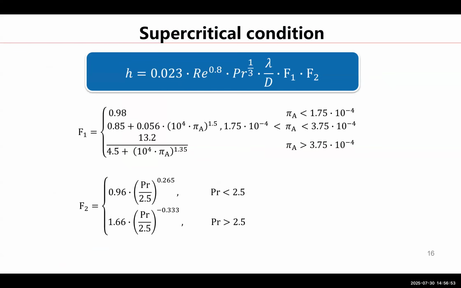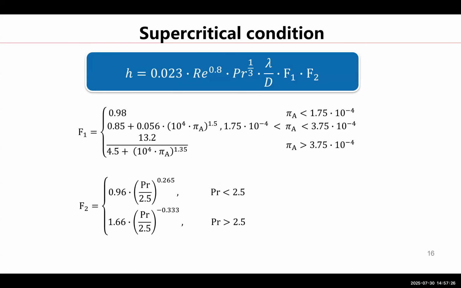We take the following criteria to derive the final structure of the correction factors, I mean, to calculate the heat transfer coefficient in the supercritical condition. Firstly, the correlations should be based on dimensionless numbers so that they can be extended and applied to various different supercritical fluids.